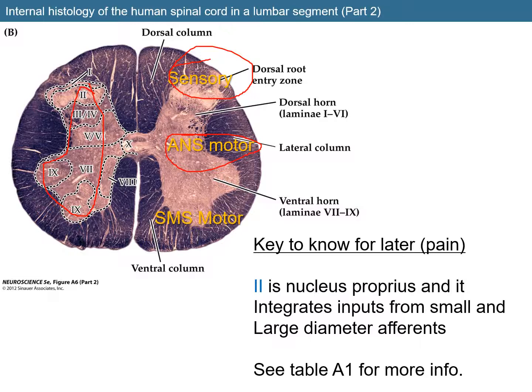And then the ventral horn here is all the somatic motor neurons. So the typical red muscles, those skeletal muscles, are innervated by these neurons. We'll spend a lot of time looking in more detail at all these different regions, breaking them down into smaller details in upcoming chapters, especially when we start talking about pain.